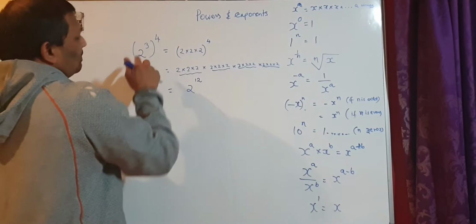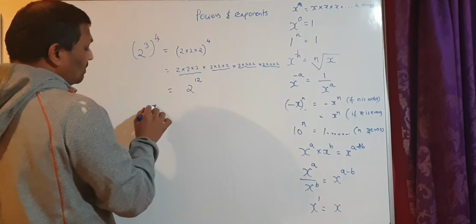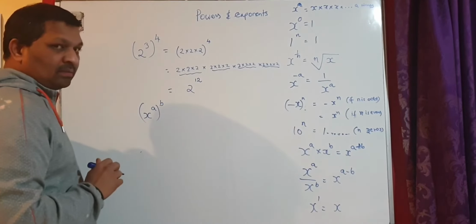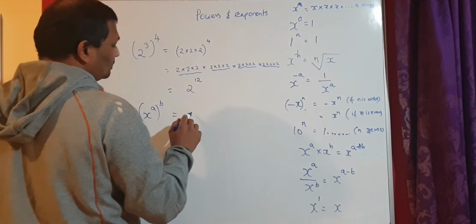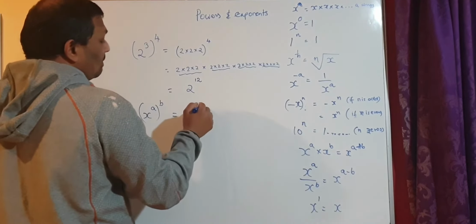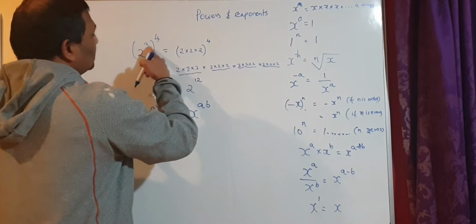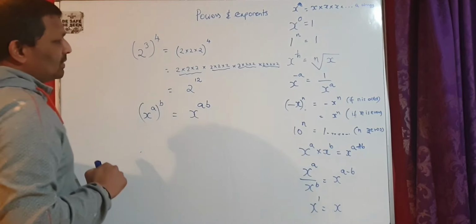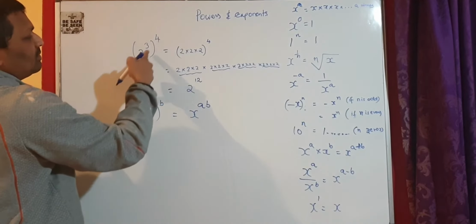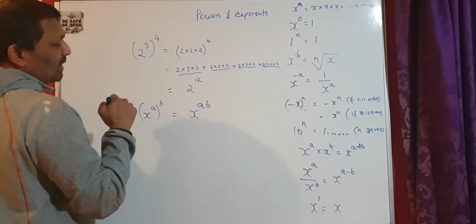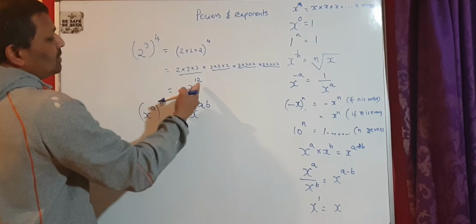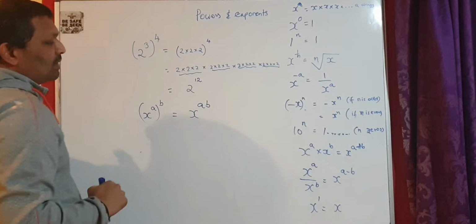So x to the power of a, whole to the power of b, it's very important, is equal to x to the power of ab. You need to multiply both these powers here, 3 into 4. Okay, x to the power of 3, whole to the power of 4, the answer is 2 to the power of 12. How did you get that? If you multiply 3 and 4, you get 12.